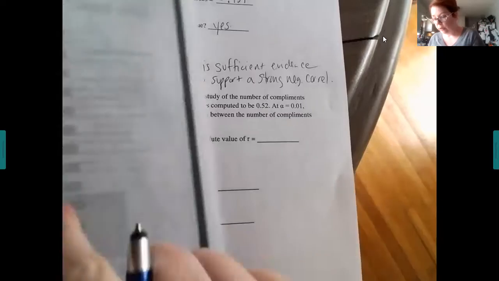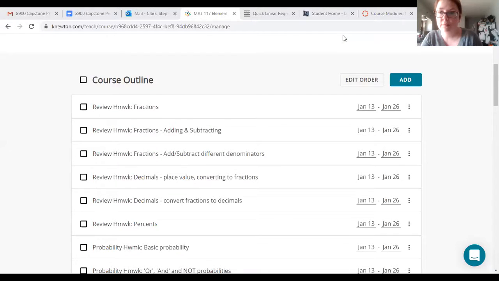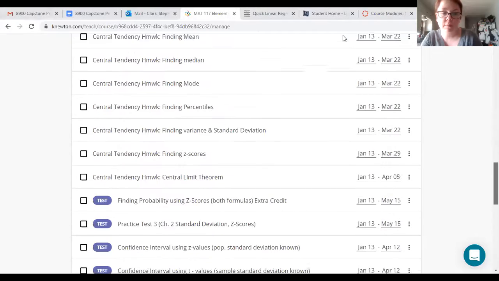So using this table is what we would have done in class, but the homework is a little bit different. So we're going to look at that real quick. One second here. I should have had this up.